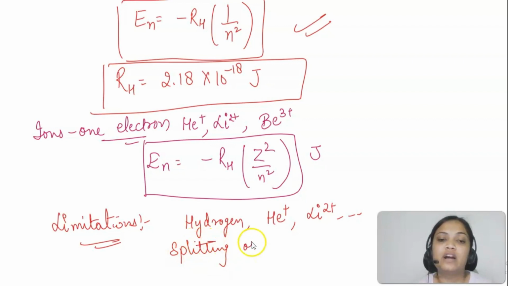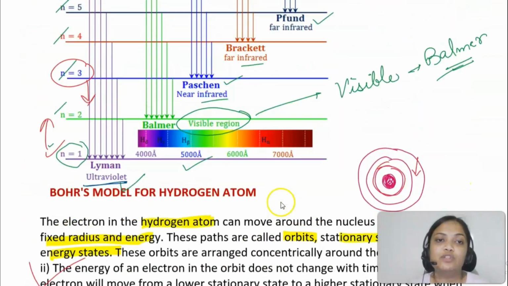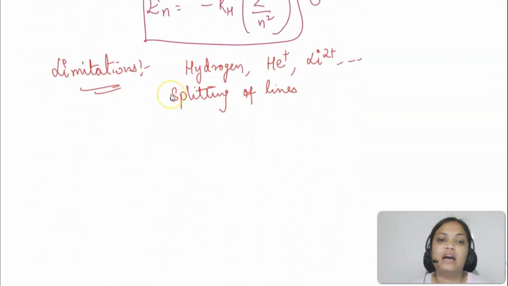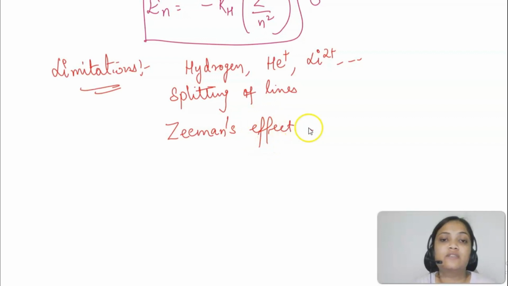Here we are seeing single lines only in the hydrogen spectra, but these lines split into doublets whenever we have an electric or magnetic field. It could not explain the splitting of light in the presence of electric and magnetic field, which we call the Zeeman effect and the Stark effect.